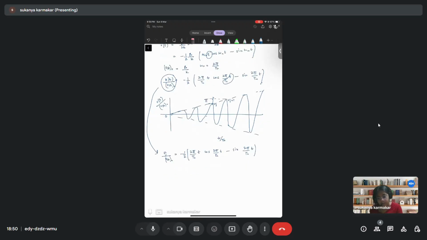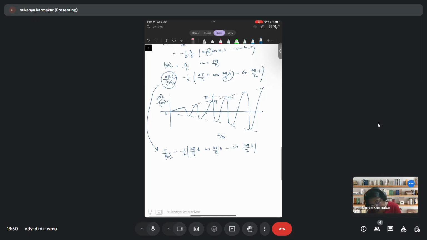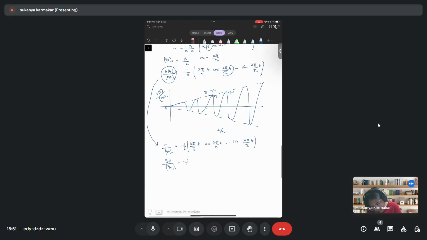At a time period Tn apart, uj plus 1 by u_st naught is equal to minus 1 by 2, so you will have 2 pi by Tn, and your time is t plus Tn. Cos of t plus Tn will have the same period, so you will have the same terms here.